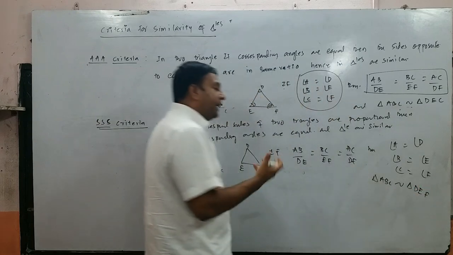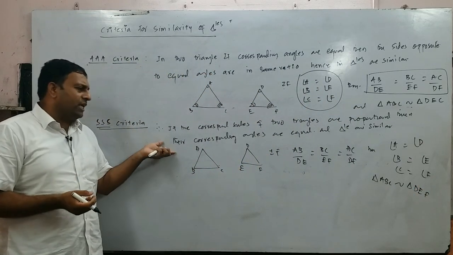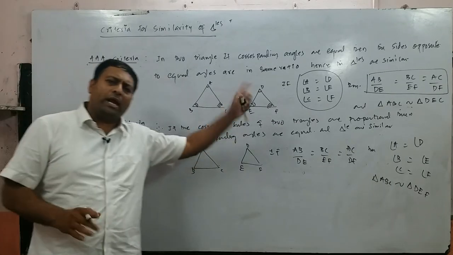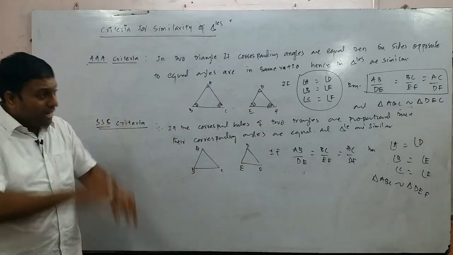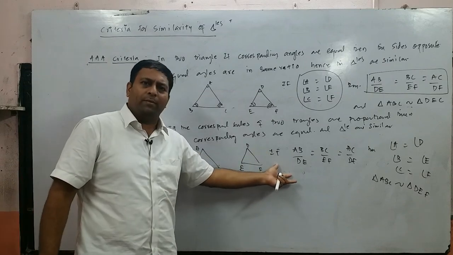So this is the criteria. Whenever we come across such criteria, at the end I can declare that two triangles are similar, alright. And if two triangles are similar, this is applicable, vice versa.